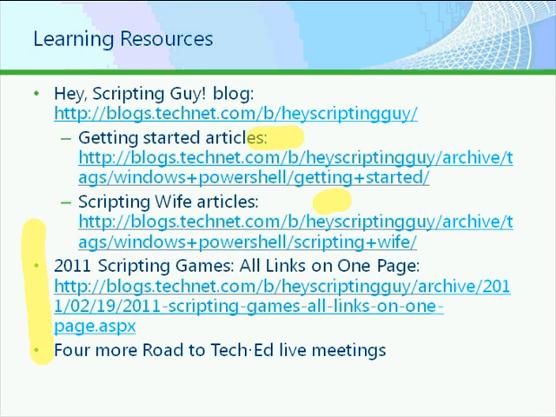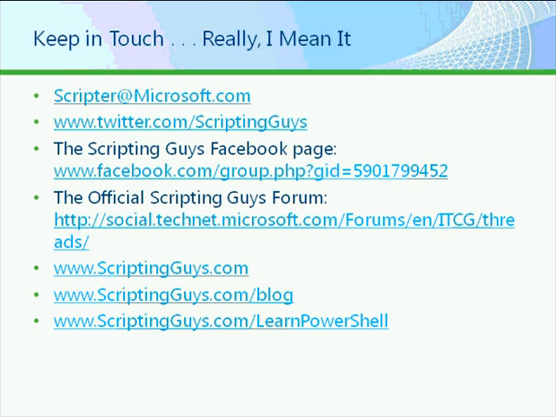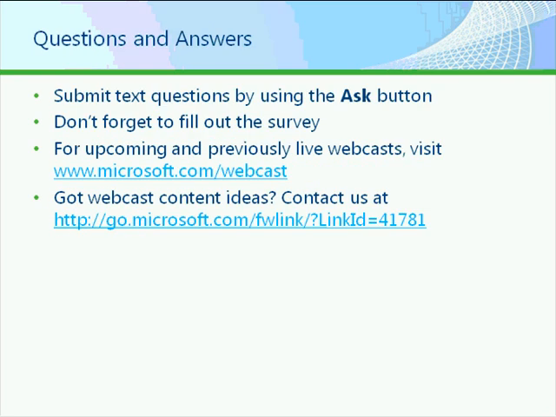There is a beginner category that will allow you to compete. I've got an alias, scripter@microsoft.com. I'm on Twitter and Facebook, and these are the friendly names for the scripting guys: scriptingguys.com, scriptingguys/blog, and Learn PowerShell.